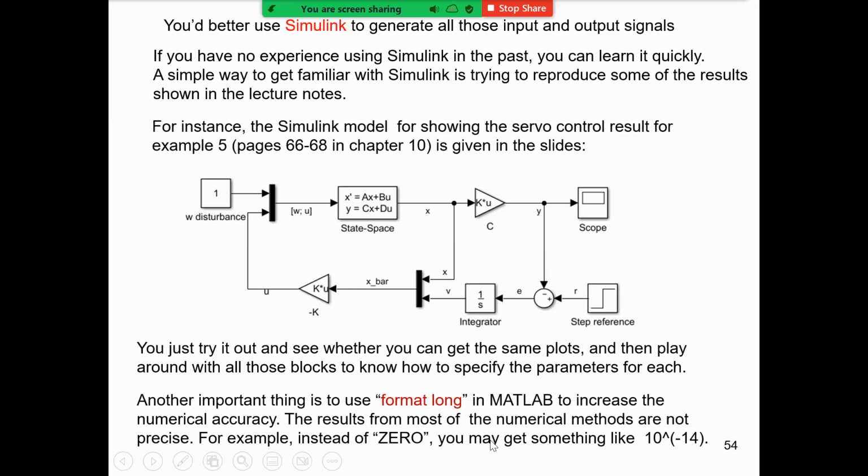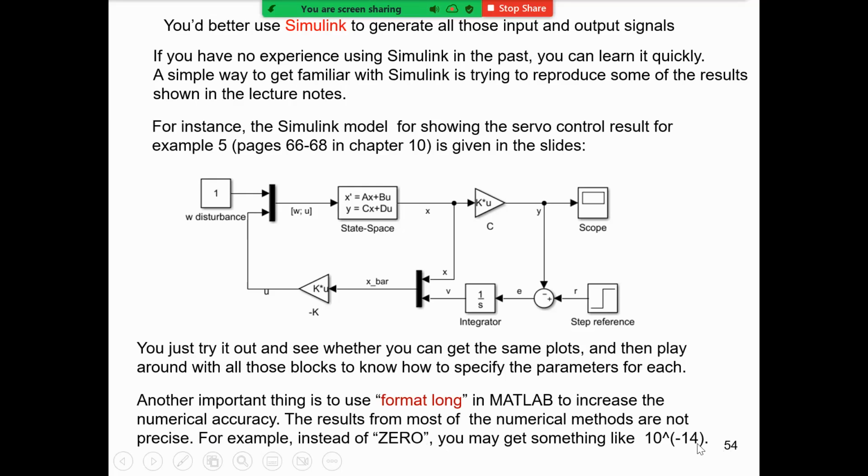Okay. When you do the simulation, another important thing is to use format long in MATLAB. That will increase the numerical accuracy. The results from most numerical methods are not precise. So for example, instead of 0, you may get something like 10 to the minus 14. Then you treat them as 0.